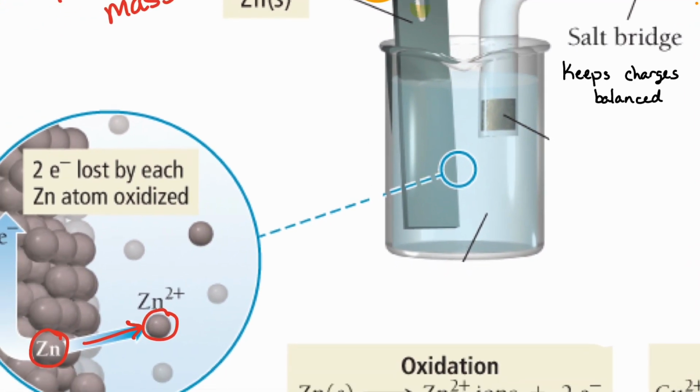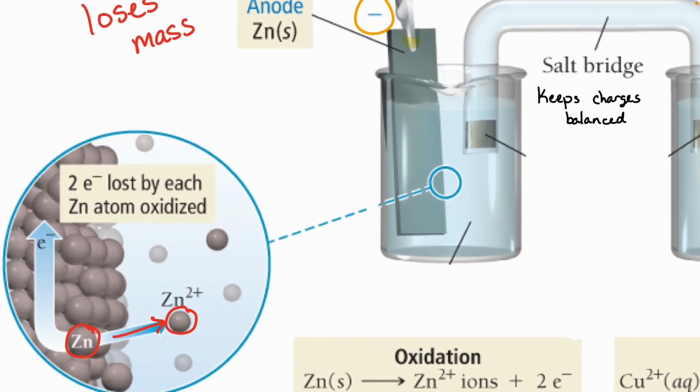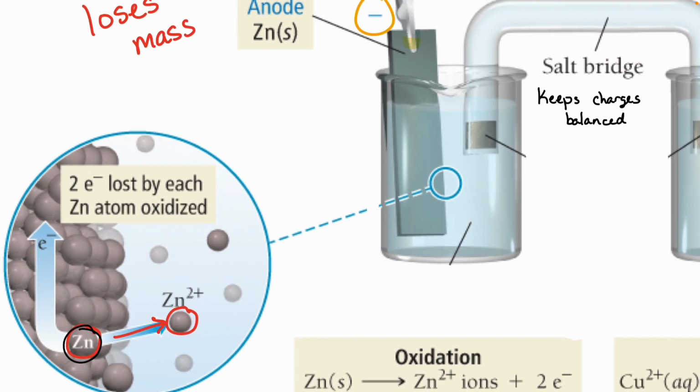Because remember, what's happening at our anode here is that neutral zinc atoms are becoming zinc ions. So I'm releasing a lot of these positively charged ions into solution as this reaction occurs. Okay? Nature is not going to allow us to have an imbalance of charges.